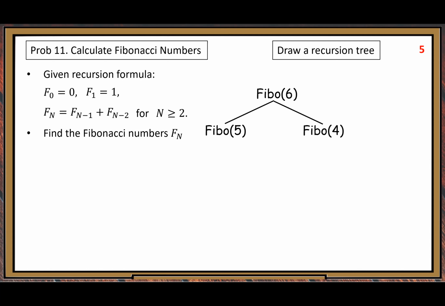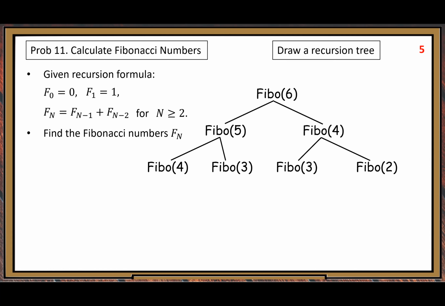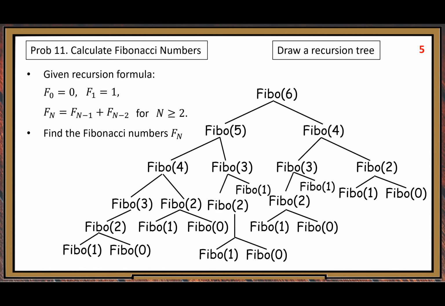But if we draw a tree, you can see something special. In order to find fib of 6, you need to find fib of 5 and fib of 4, so you have 2 branches of the tree. When you find fib of 5, you need to calculate fib of 4 and fib of 3. Fib of 4 needs these 2 smaller Fibonacci numbers, and so on. If I draw the whole tree, look at that.